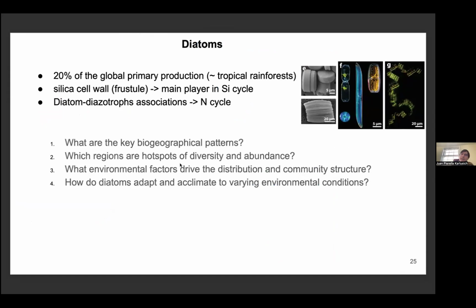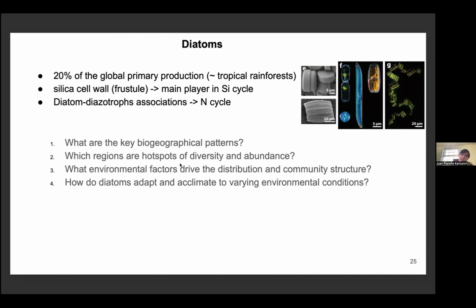Finally, this is a very recent project that we finished these days, and it is focused on a specific group of phytoplankton, the diatoms. As you know, they are very important to study due to different characteristics and implications.